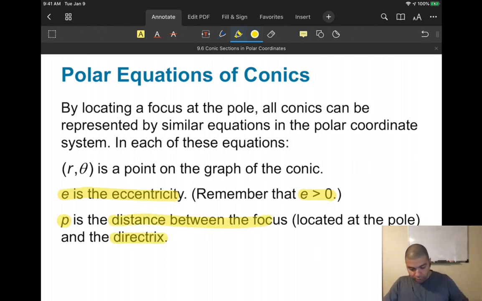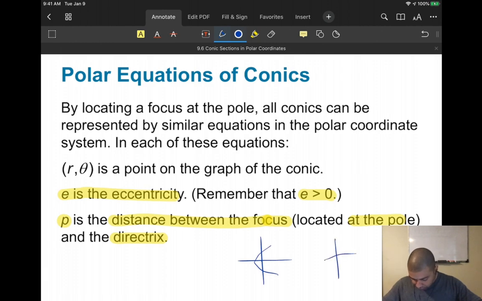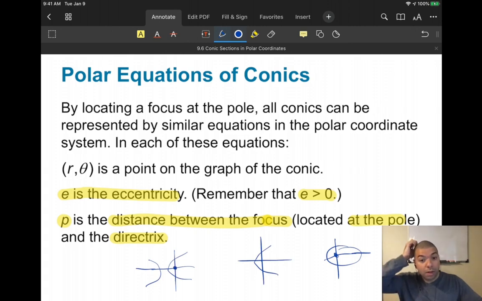So it's going to be from the focus to the directrix. We always want to have the focus at the pole. For polar coordinates, we're not going to shift left or right. We always want the focus at the pole if it's a parabola. If it's an ellipse, we always want one of the foci to be here, and if it's a hyperbola, we have 2 foci as well, but only one of them is at the pole. Just gotta remember that.